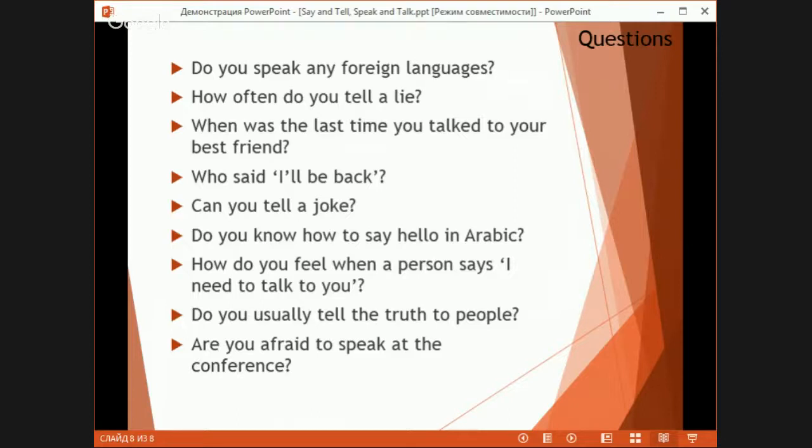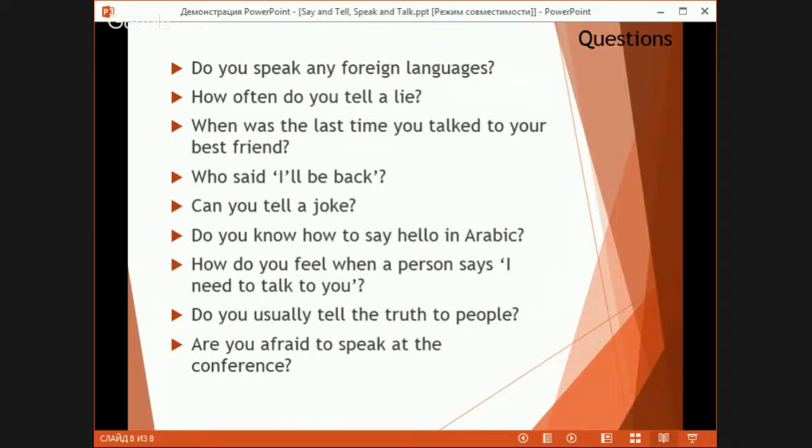It's a famous quote from Terminator, and Schwarzenegger said, I'll be back, like, I'll come back. Can you tell a joke? Some people are not able to tell jokes. They are not funny when they tell them. Do you know how to say hello in Arabic? I think maybe Allah Akbar.